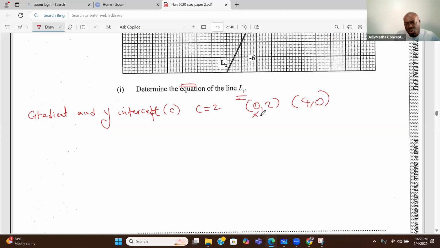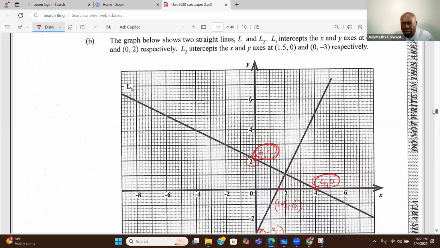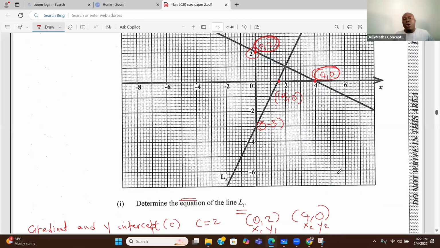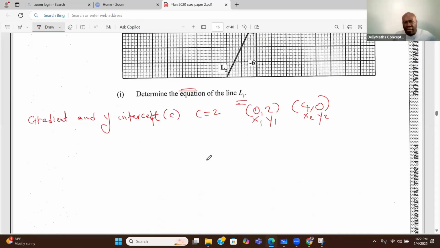So it's going to be x1, y1, x2, y2. Just double check to make sure: 0, 2, 4, 0. All you're going to do is find the gradient. Remember that gradient can be found by using y2 minus y1 over x2 minus x1.